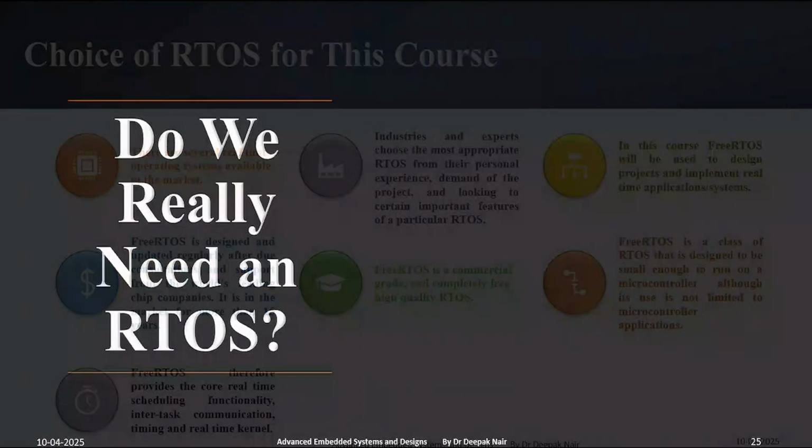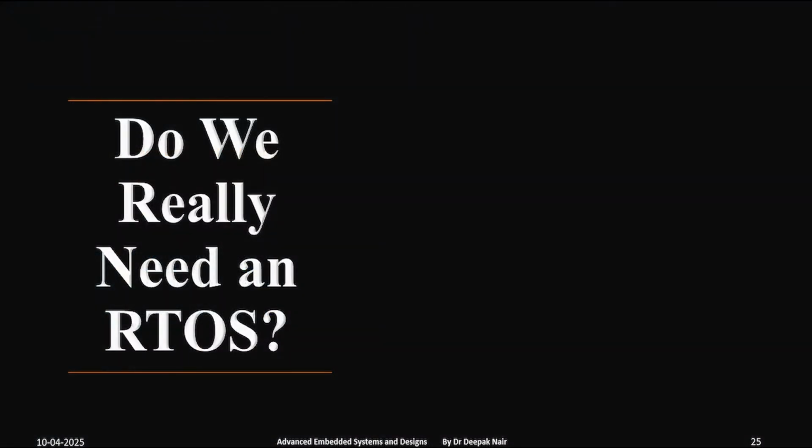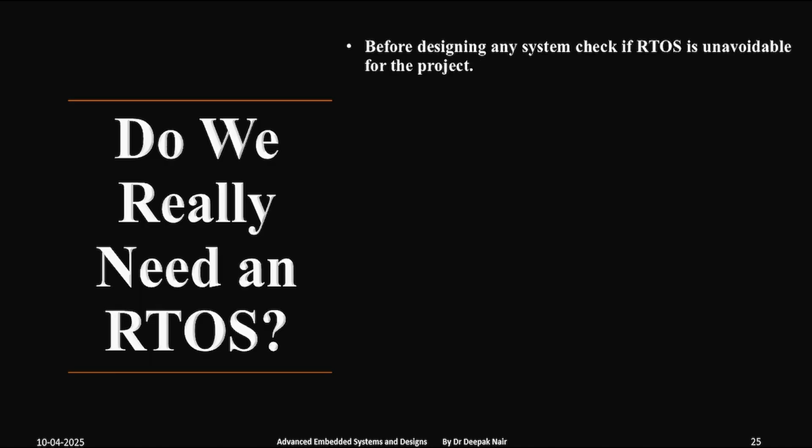But before moving into the RTOS, there must be a question. Do we really need an RTOS for our embedded system or to program our embedded systems? So the question is not that simple. Before designing any system, the user must check whether he can design the project without using an RTOS or not.